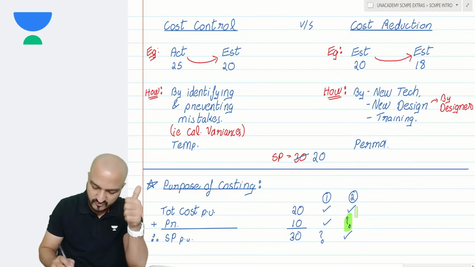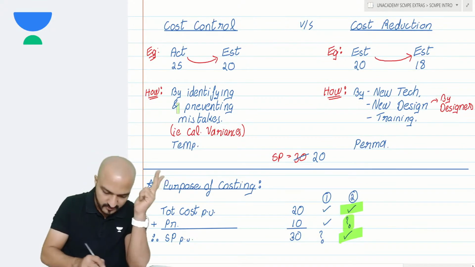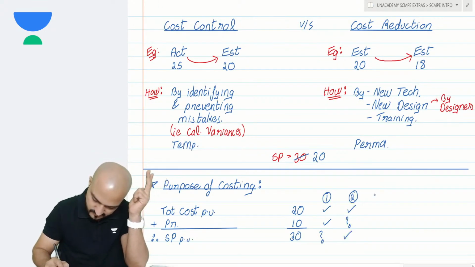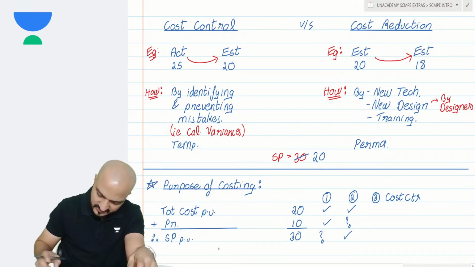So the first purpose of costing is to determine selling price. Second purpose of costing, if selling price is given, then again costing is needed to determine the profit. Third purpose of costing is cost control and cost reduction, what we just discussed.